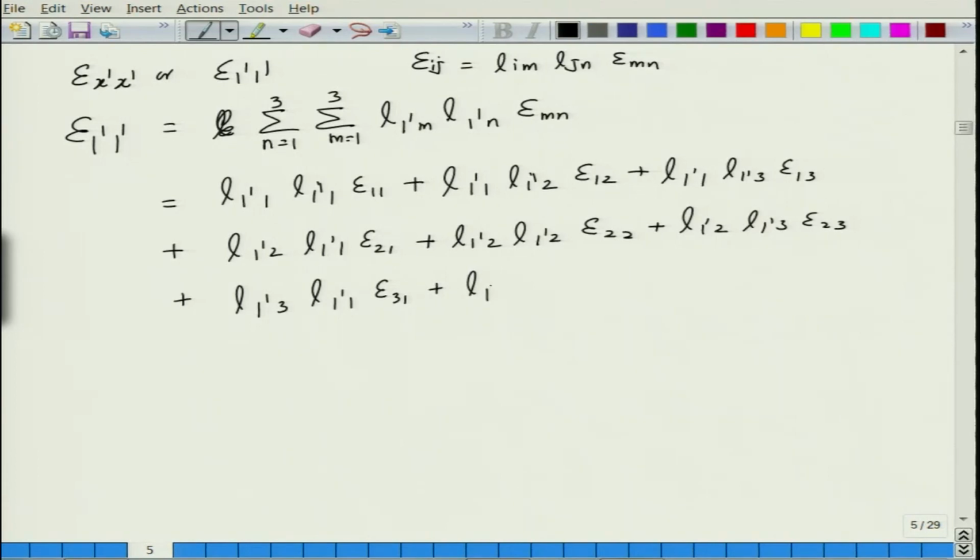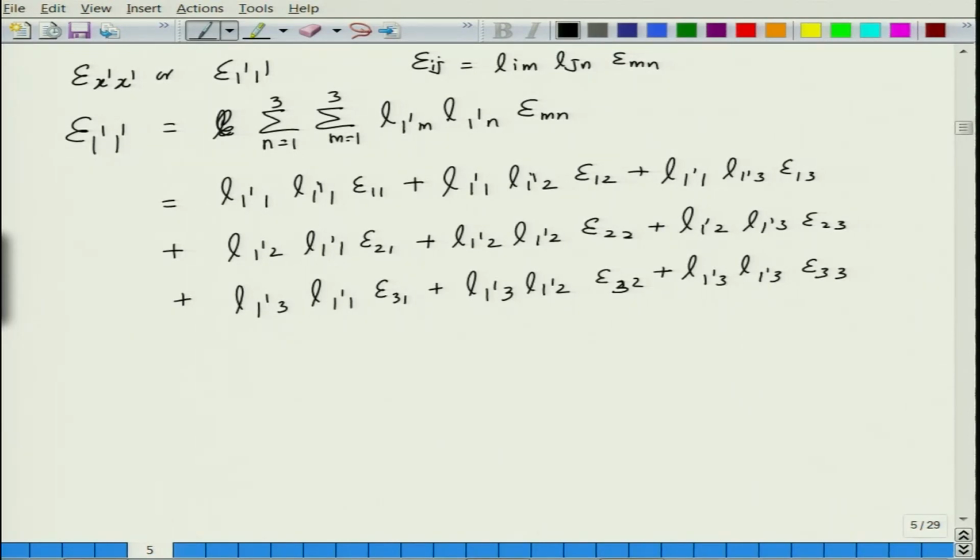This will be L 1 prime 3, L 1 prime 2 epsilon 3 2, and this will be L 1 prime 3, L 1 prime 3 epsilon 3 3.